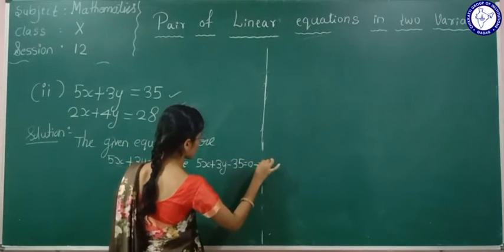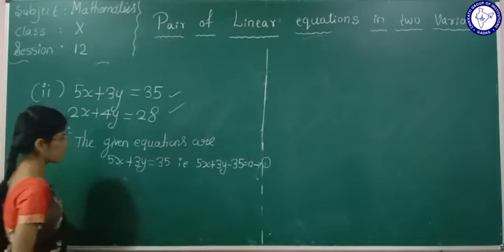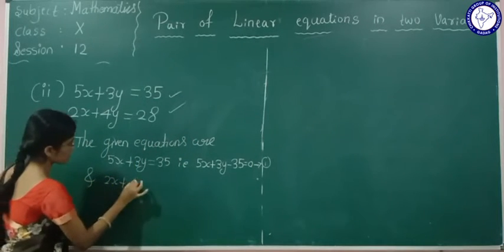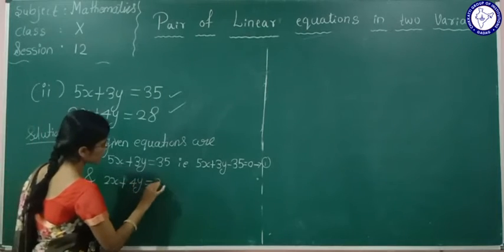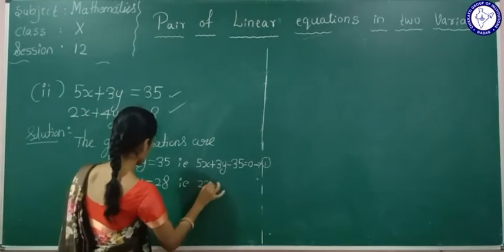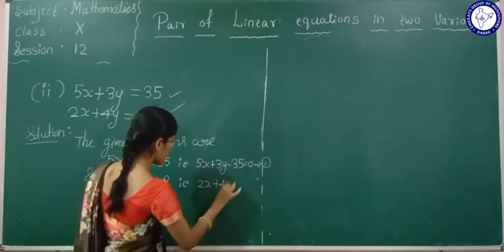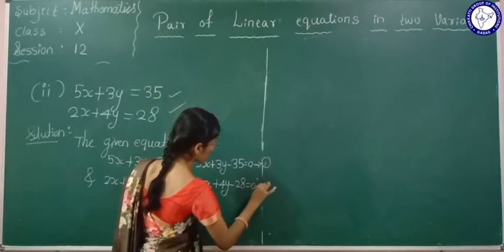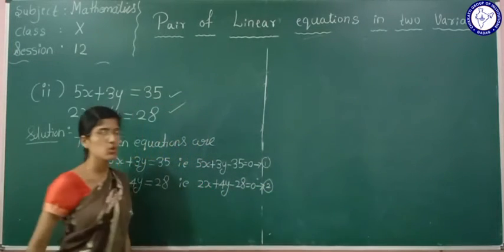Call this equation number 1. And 2x plus 4y is equal to 28, that is 2x plus 4y minus 28 is equal to 0. Call this equation number 2.